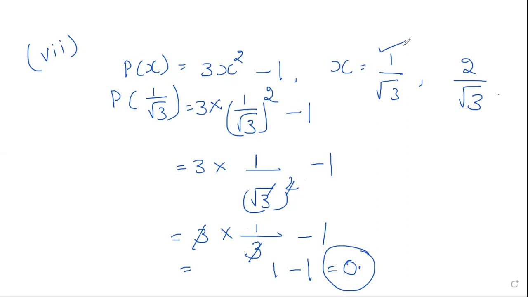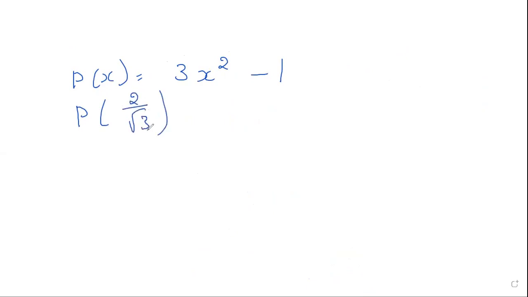Now substitute 2 by root 3, children, in the same equation. P of x is equal to 3x square minus 1. Okay. Now what is the value of x here? 2 by root 3.